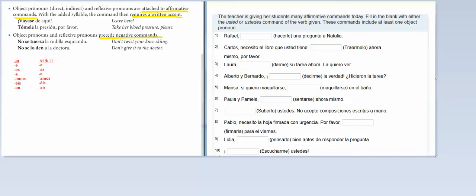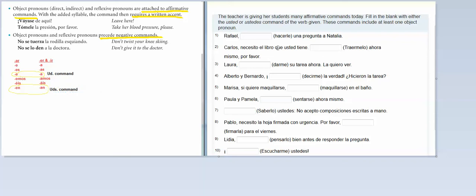So again, when you're making the usted command, you use these, and when you're making the ustedes command, you use these. So this would be usted command, and this would be ustedes command.